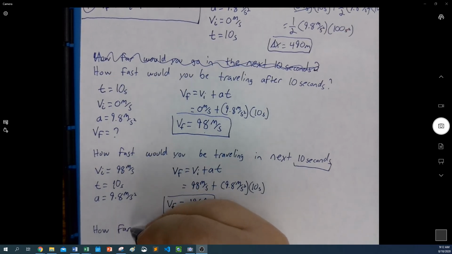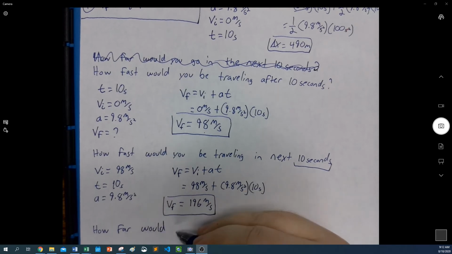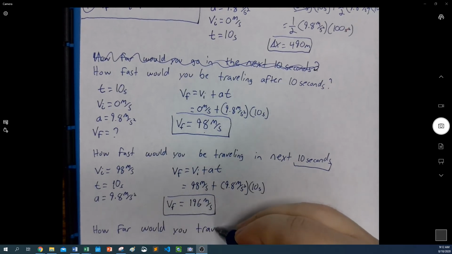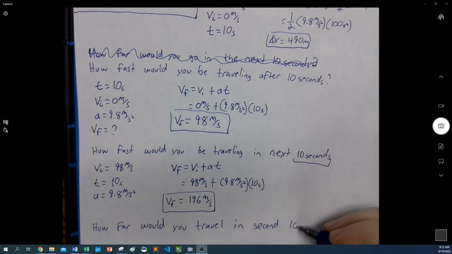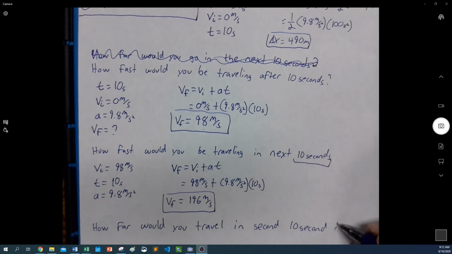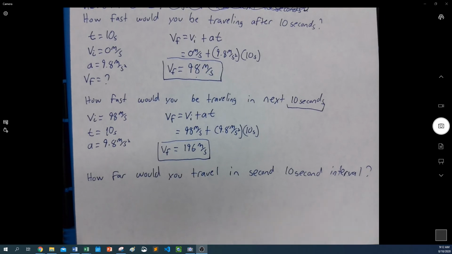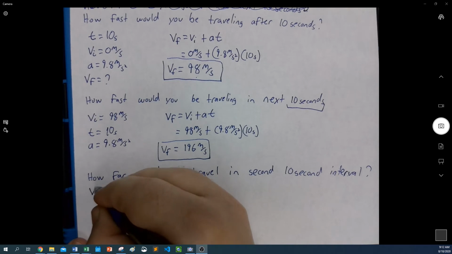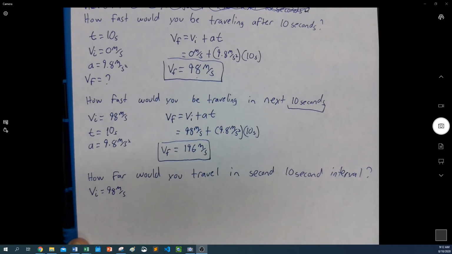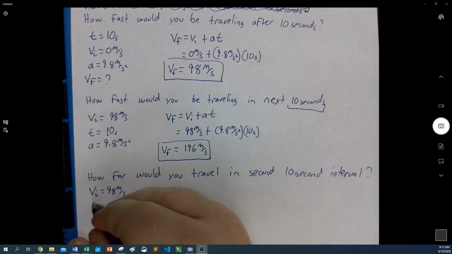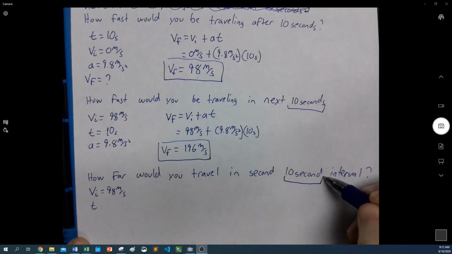How far would you travel in the second 10-second interval? So after the first 10 seconds, your initial speed is now 98 meters per second. And we're looking at a time interval still of 10 seconds.